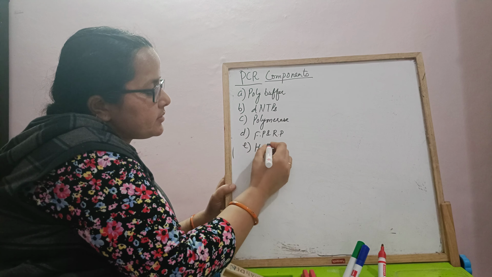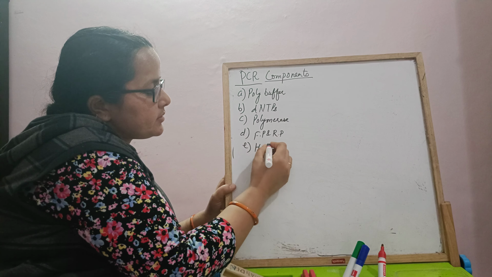Along with Tris-Cl, there is another component, that is potassium chloride. What will potassium chloride do? It will increase the binding of primers to the template. How will it enhance the binding?